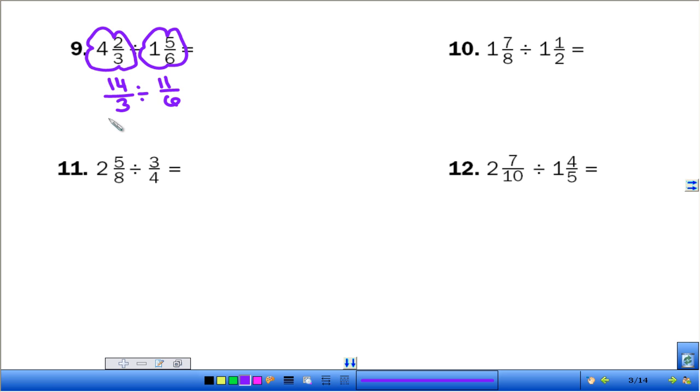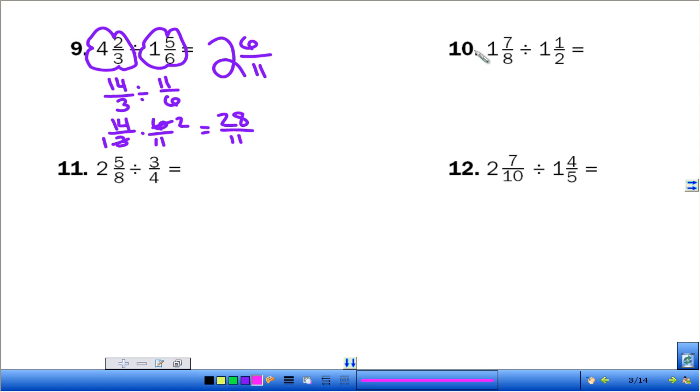And then we copy, we dot, we flip. 3 goes into 3 once, 3 goes into 6 twice. And we get 28 over 11. 11 goes into 28 twice because that's 22. So there's 6 left over. Denominator stays the same.